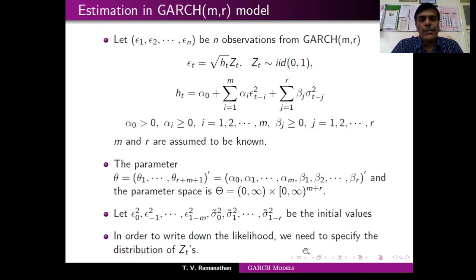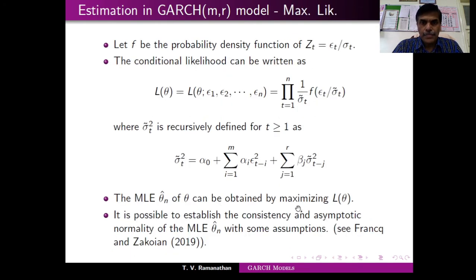So in order to write down the likelihood, we need to specify the distribution of ZT, because ZT is epsilon t by square root of HT. For example, I'm going to discuss two types of things, because this is a scale family. I told you that because you are attacking the variance, the model is a multiplicative model or a scale model, because you cannot add something so that the variance changes.